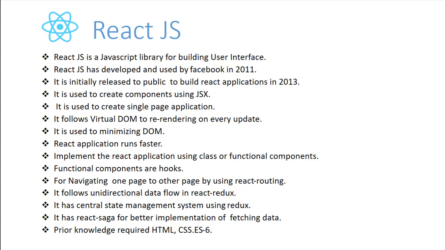In React.js we have the JSX part, which I'll explain slowly later. Here XML means we can use HTML kind of things, and at the same place we can use JavaScript in the JSX area.